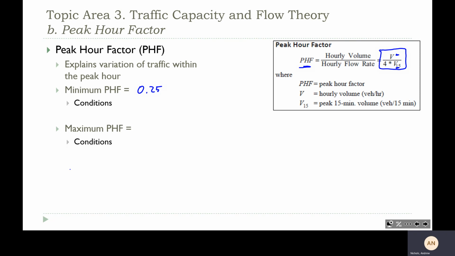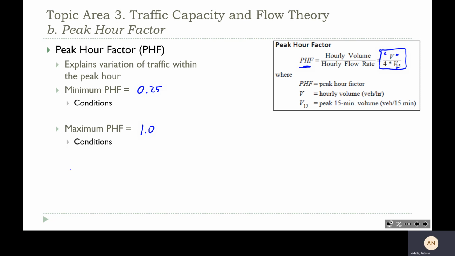So then what would the other end of the spectrum be? What would your maximum peak hour factor be? This is where, Harrison, you can kick in your answer. 1. So in order for this equation to be 1, V would have to be equal to 4 times V15, right?